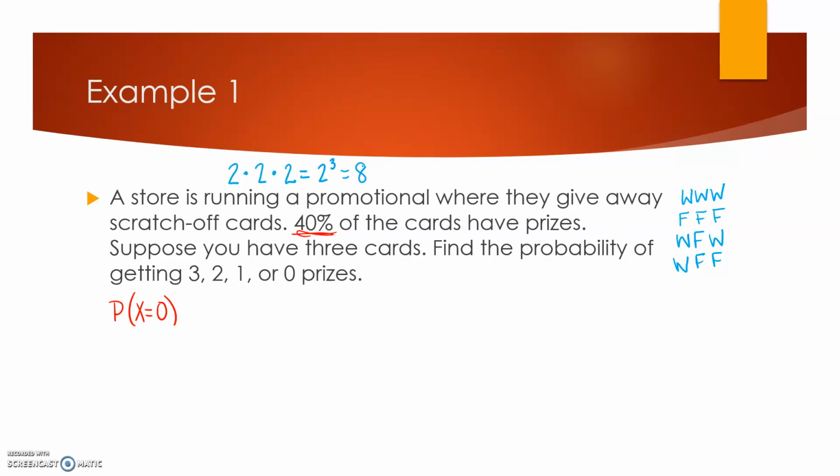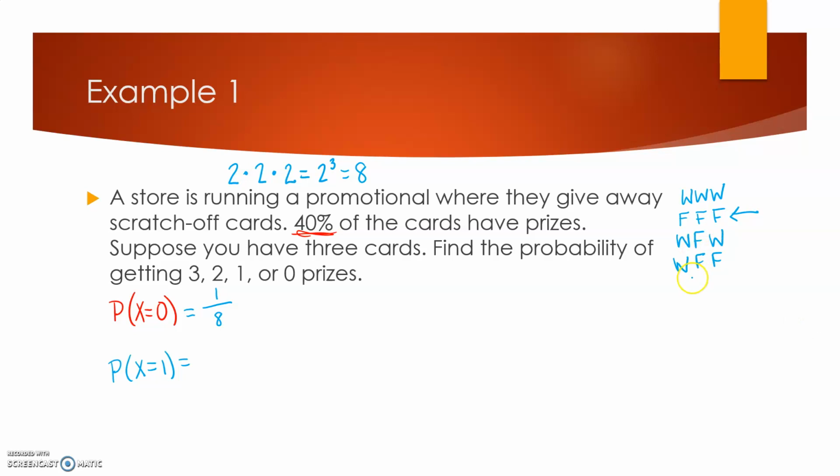So the probability of getting exactly 0 would mean that all of them were not winners. And there's only one possible combination where that happens. And so that would be 1 over 8. So if I wanted to do the probability of x equals 1, I would do how many of these have a winner for 1.